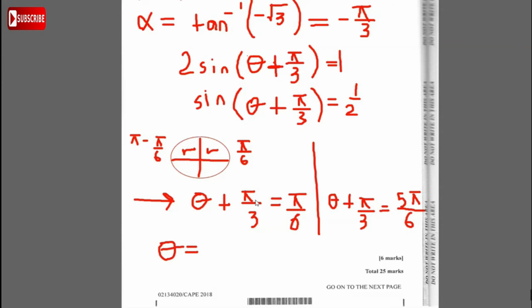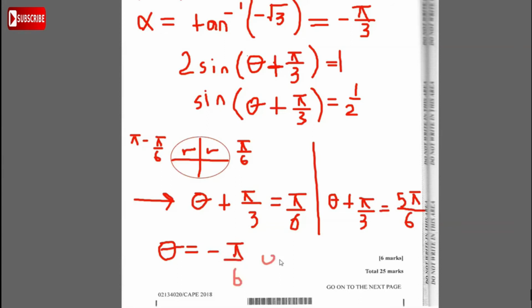Pi by 6 minus pi by 3, and I get minus pi by 6. So that's one possible answer for theta, minus pi by 6.